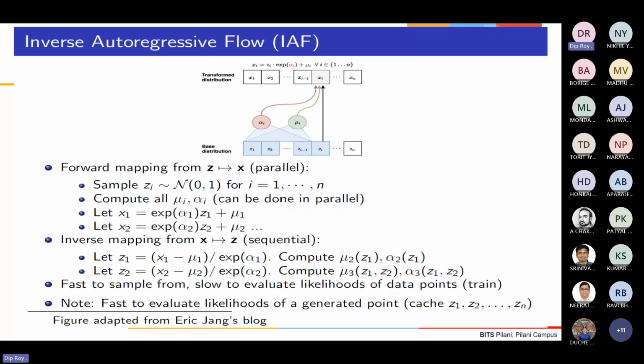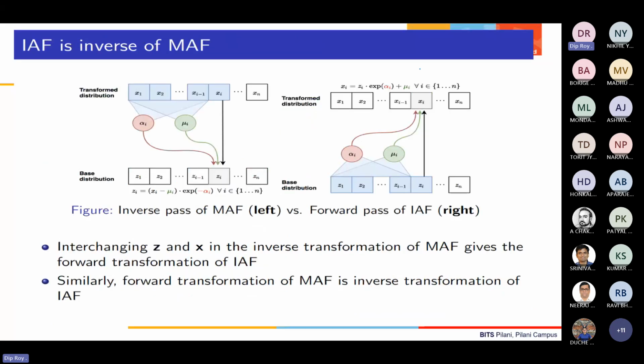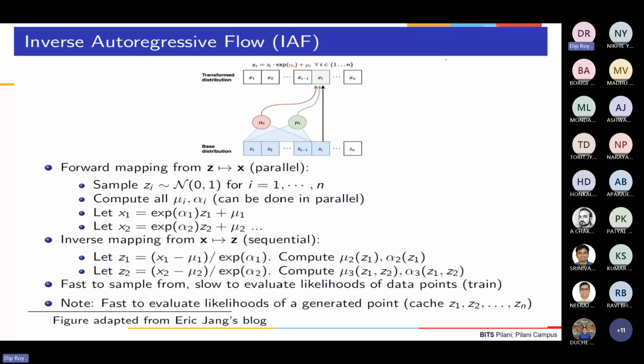In the inverse autoregressive model, we are essentially modeling Z to X. So our neural network will take Z as the input.